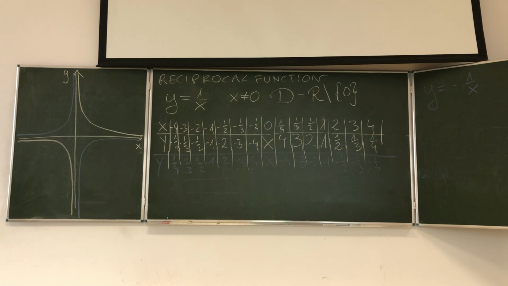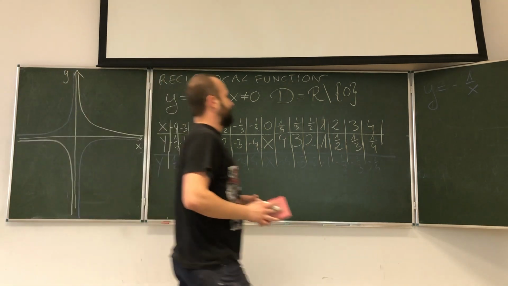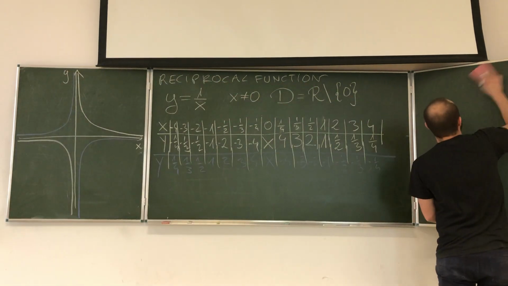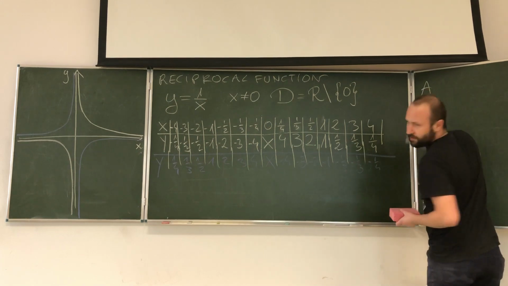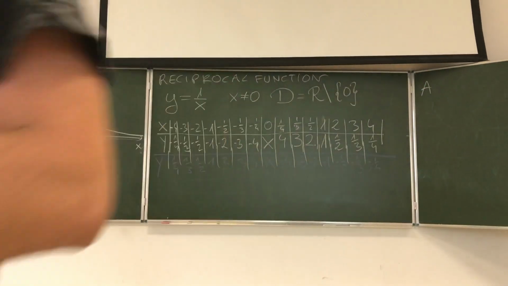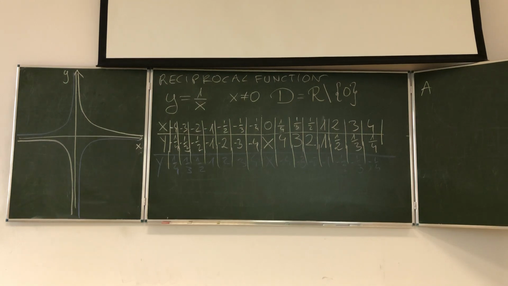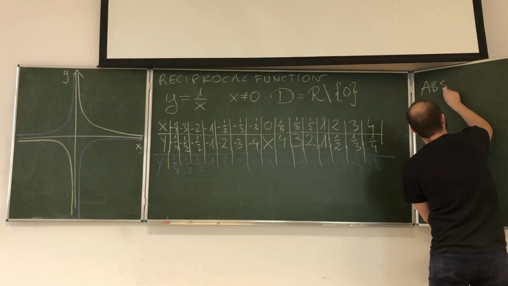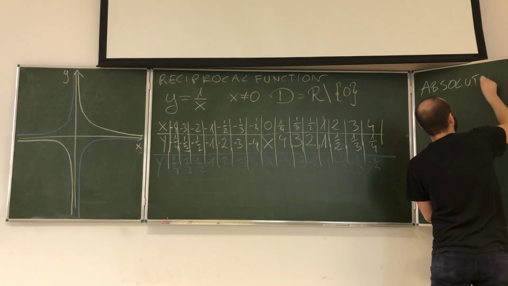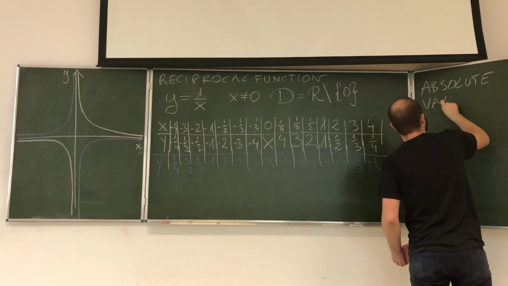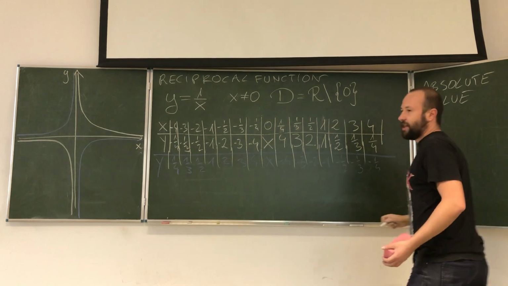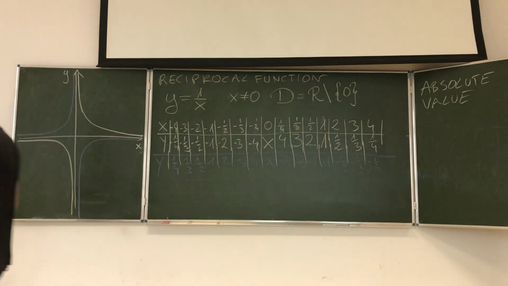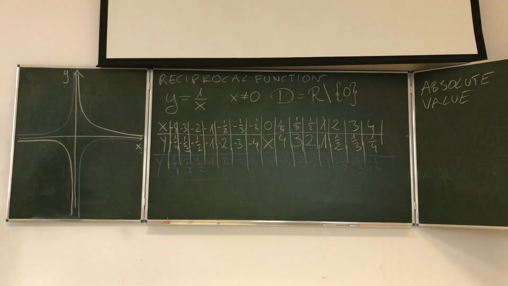something new. And something new is going to be absolute. Let me check if everything can be seen over there. Yeah, absolute value. What is absolute value? Absolute value is a function.